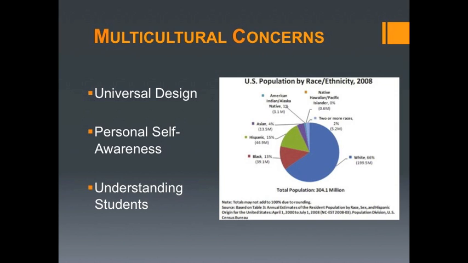Multicultural issues play an important part in the development and implementation of courses for instructors. As the graphic shows, America continues to become more and more of a melting pot as time passes. One way instructors can create an inclusive classroom is to use the concept of universal design.